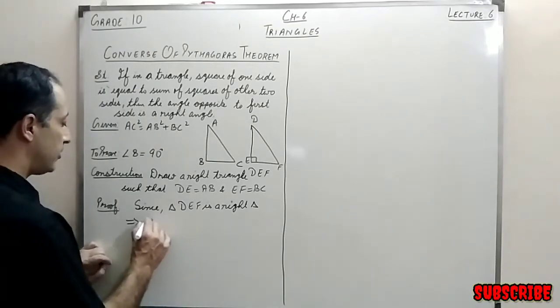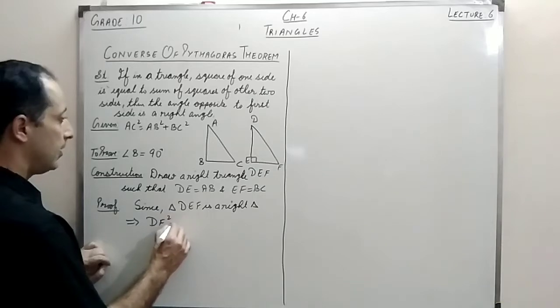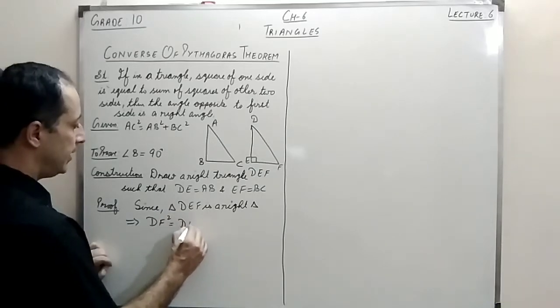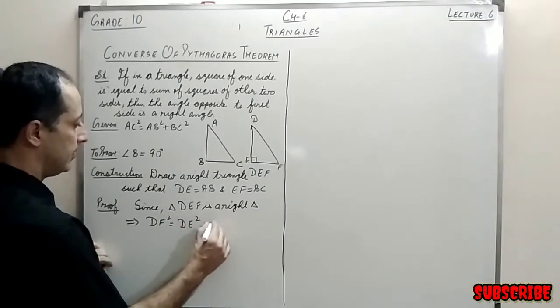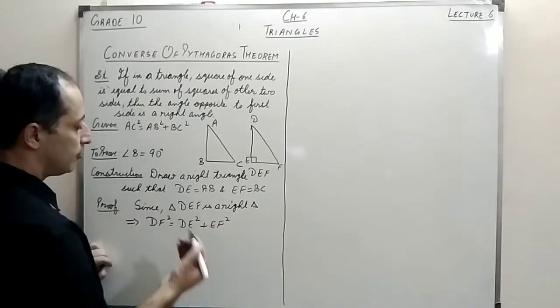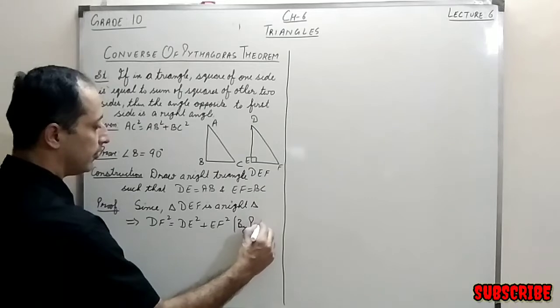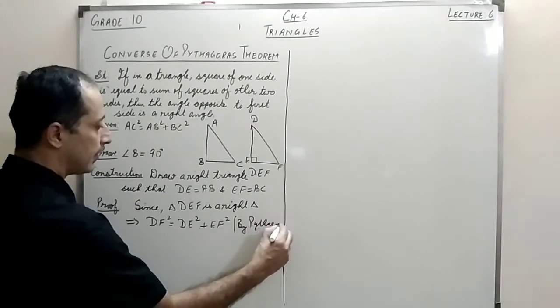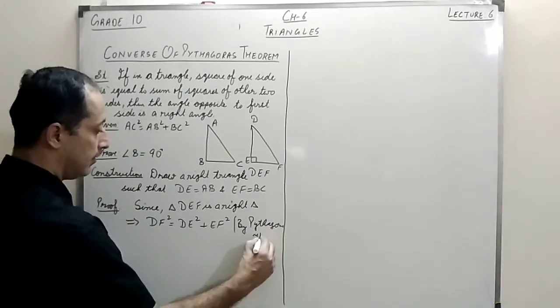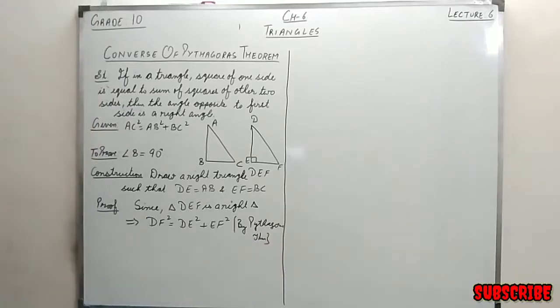So I can write DF square is equal to DE square plus EF square. Right? So how I got this? I can write by Pythagoras theorem.